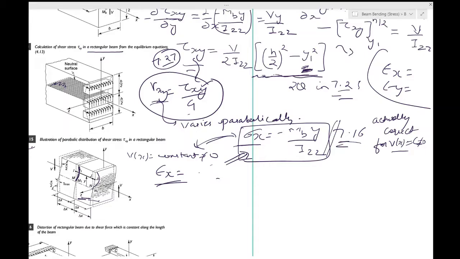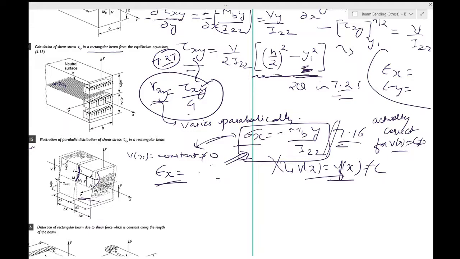So both 7.14 and 7.16 are in error when the shear force varies along the length, and are not valid when V of x is a function of x. That is obvious. But the magnitude of error is small for long slender beams, and 7.23 is a good estimate even in the presence of varying shear force.